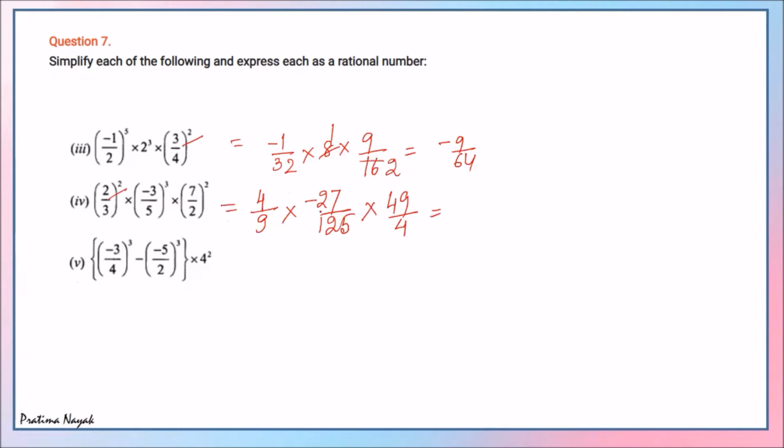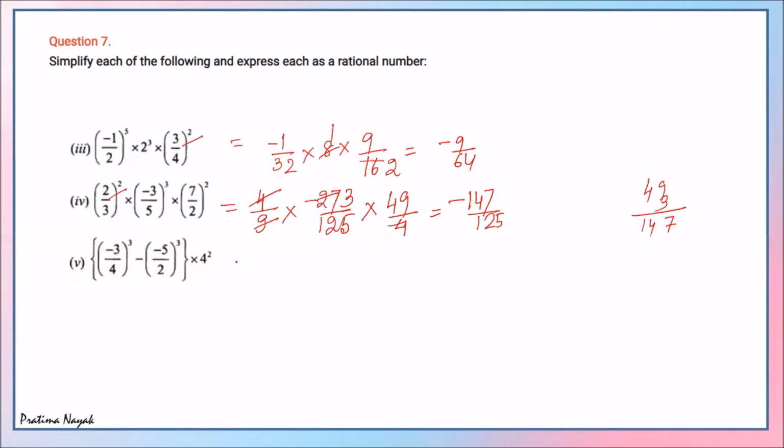So next you cancel. 9 threes are 27. 4 fours are cancelled. So multiply 49 into 3, it will be 147. And there will be a negative sign. So minus 147 by 125.